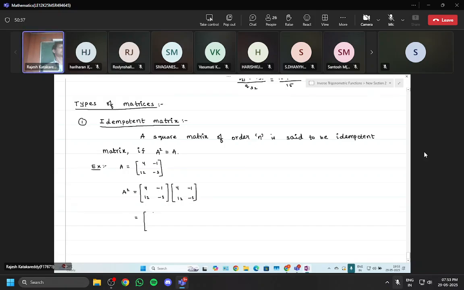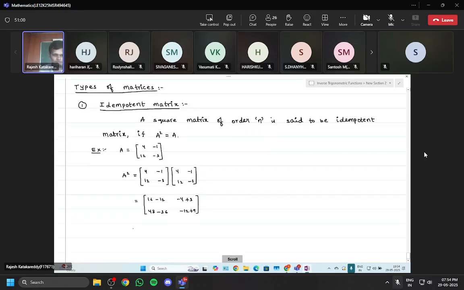So how much will I get if I multiply? 4 into 4 is 16 minus 1 into 12, right? Next, minus 4 plus 3. After this, 12 fours are 48 minus 36 minus 12 plus 9. So how much do we have?